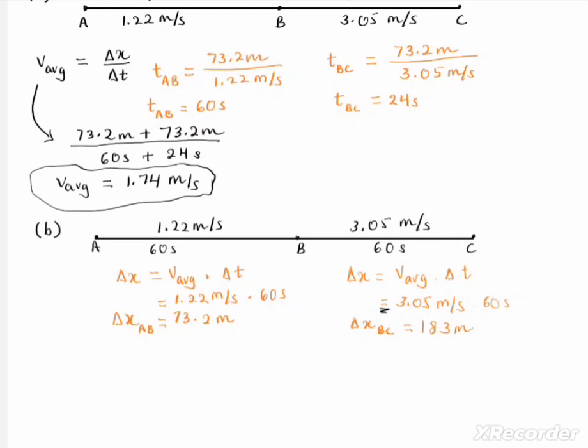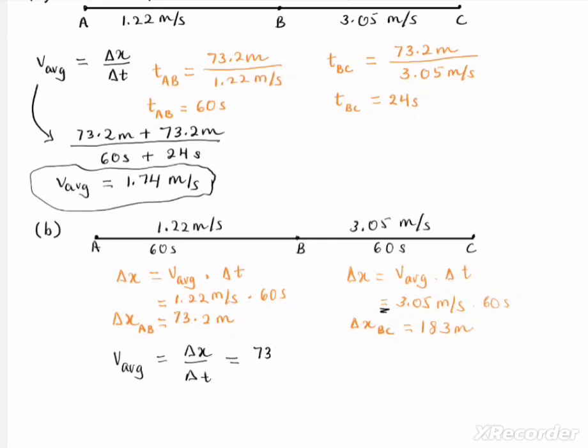So if you go back and look at the total V average, which is delta x over delta t. Delta x is delta x AB plus delta x BC.